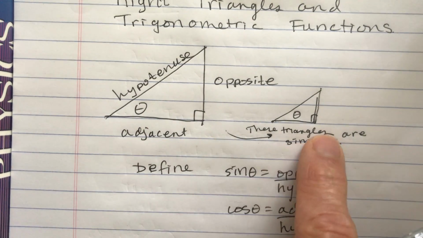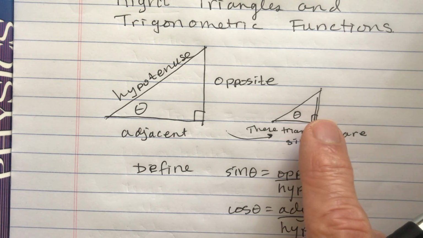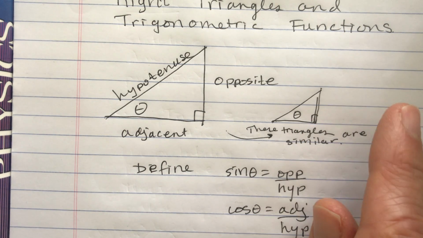So similar triangles means that they have the same shape but different size.